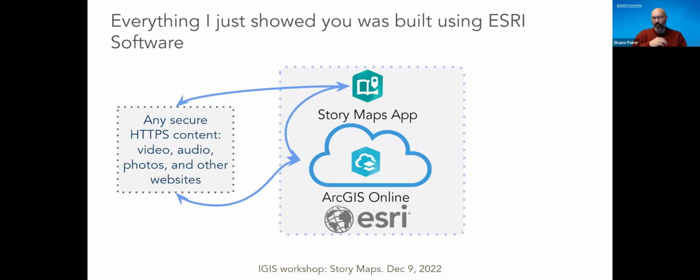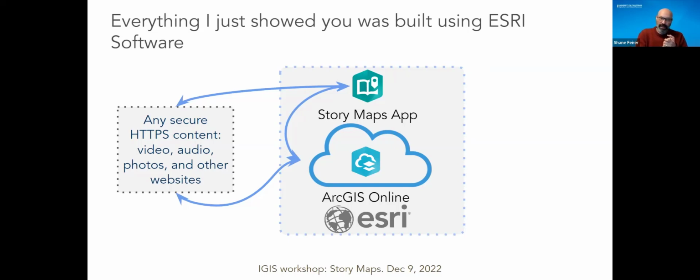So everything I just showed briefly was from the ArcGIS ecosystem, or the Esri software. That includes ArcGIS Online. You may have heard of ArcGIS Desktop, ArcGIS Pro, and then of course all the different types of story maps and applications that we can use. Here we're just highlighting story map apps and ArcGIS Online.